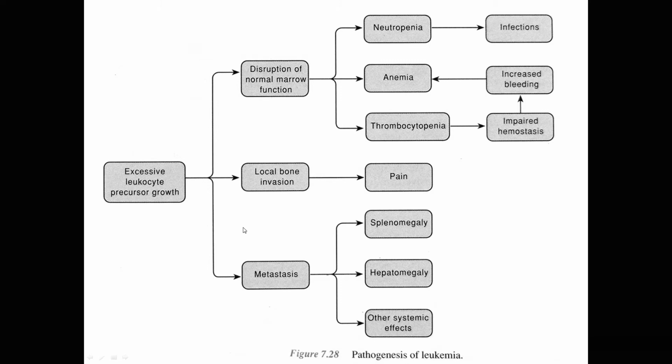This slide illustrates the pathogenesis of the acute leukemia. The excessive leukocyte precursor growth in the bone marrow may be due, for example, to a lymphotropic virus infection, the HTLV, human T leukemia lymphoma virus, or to other factors interacting with the genome and thus causing mutation, physical factors as radiation or chemical factors such as petroleum products, benzene, among others.